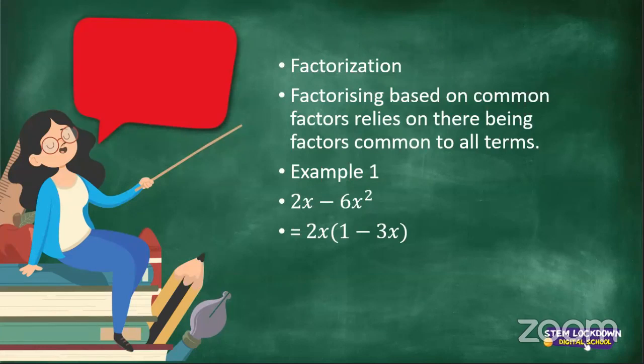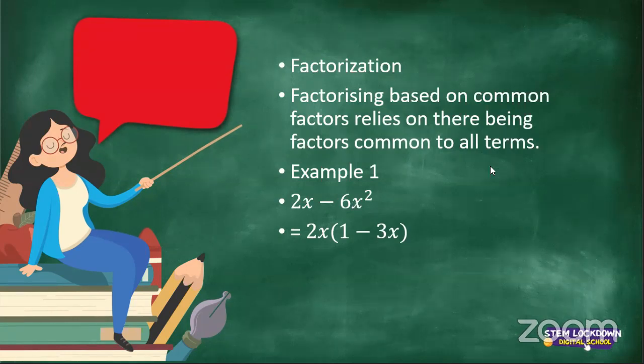What is important there is to be able to see that we have an example which is 2x minus 6x squared. Now, how do we factorize this example? You can see that in both cases we have a common factor.